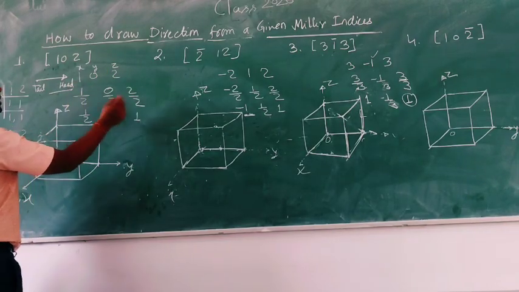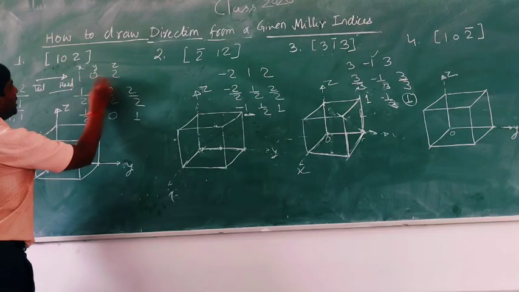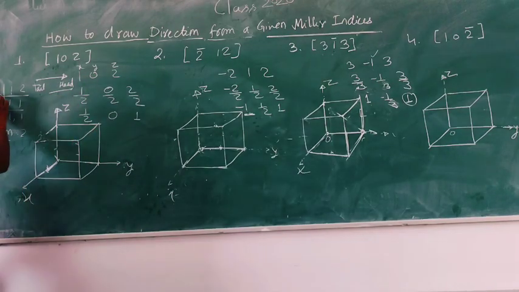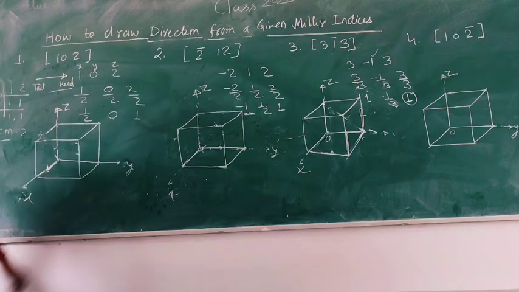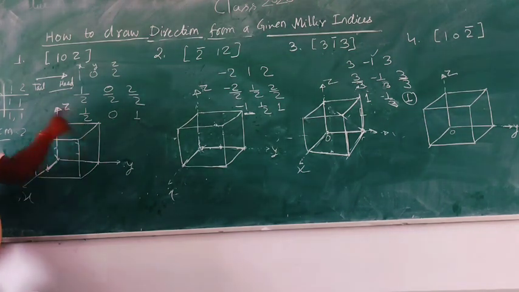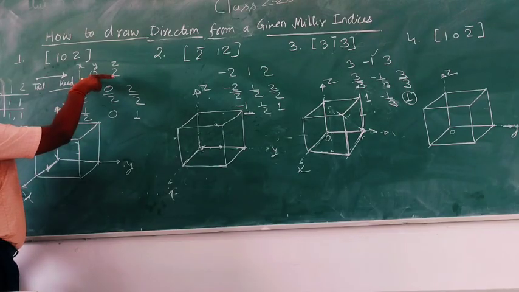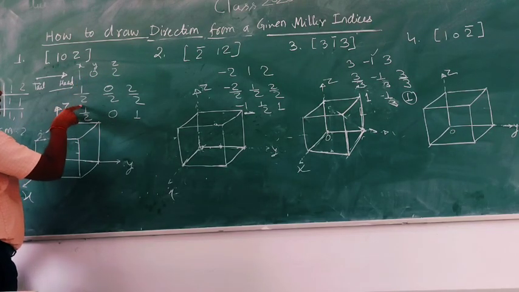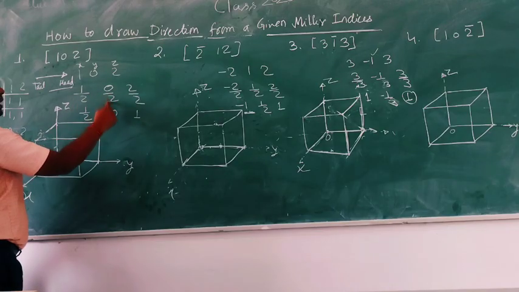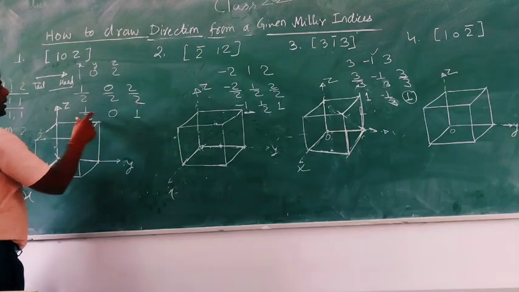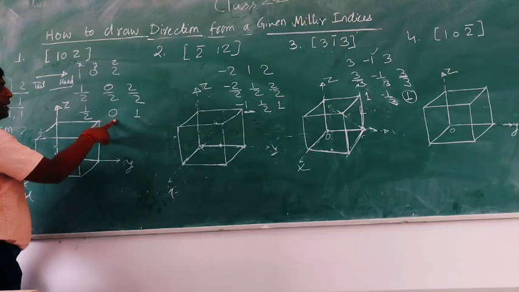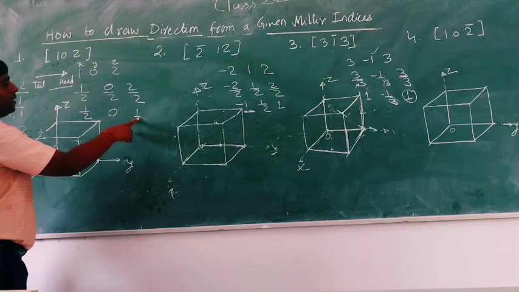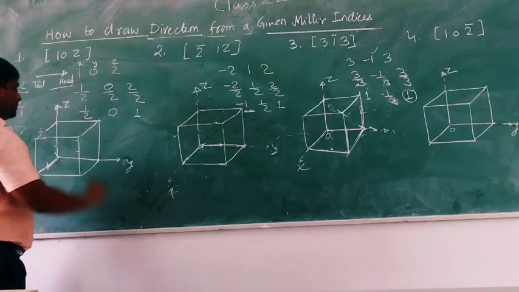Here x and z are non-zero, so we take the LCM of both coordinates, and the LCM will be 2. Now, according to the rule, we divide the whole coordinates by 2: 1 by 2, 0 by 2, and 2 by 2. The x coordinate will be 1 by 2, the y coordinate will be 0, and the z coordinate will be 1.